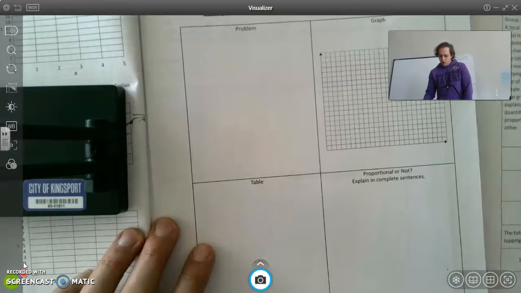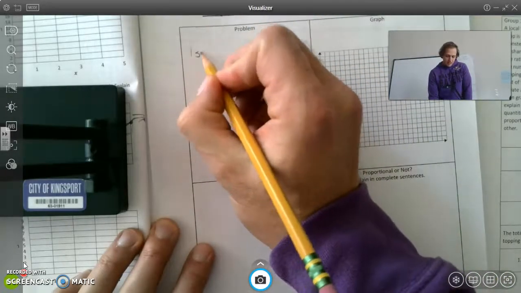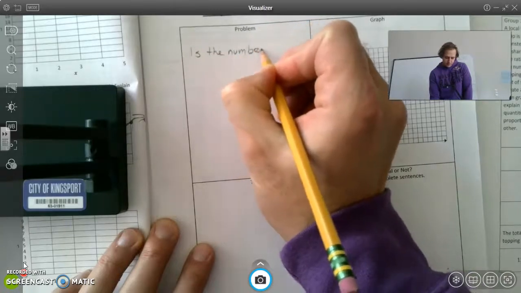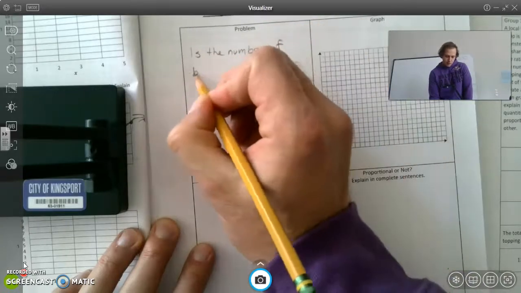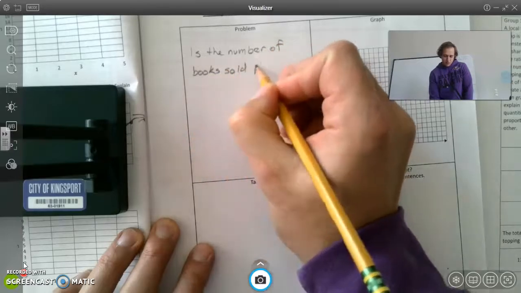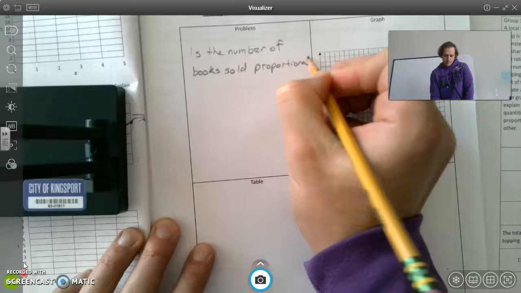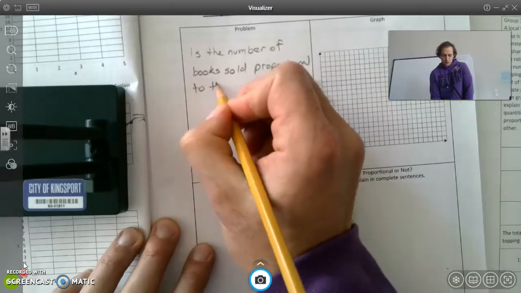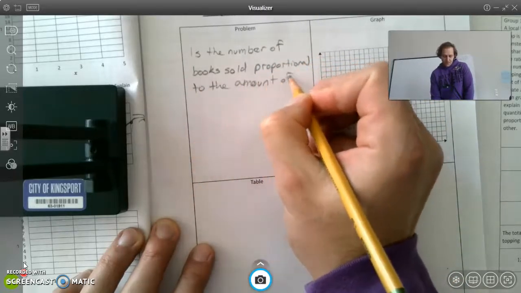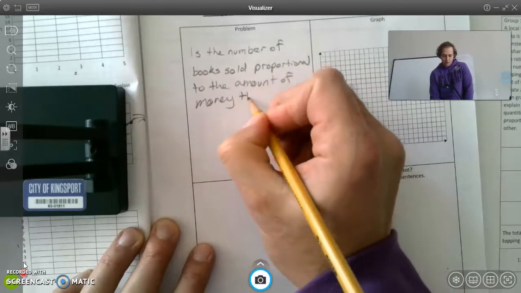So we want to look at: is the number of books sold proportional to the amount of money the library receives?